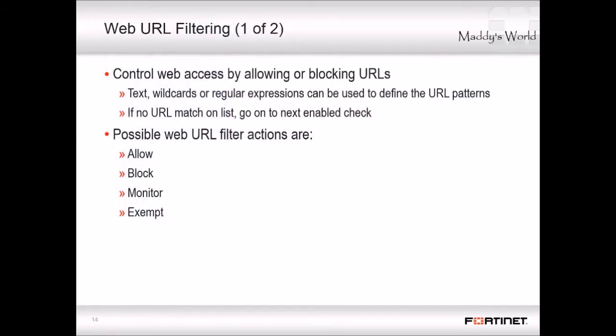Once you decide on the method of inspection and take into account the limitations of that method, it comes down to the actual URL the user is visiting and how you want to control access to the web content.